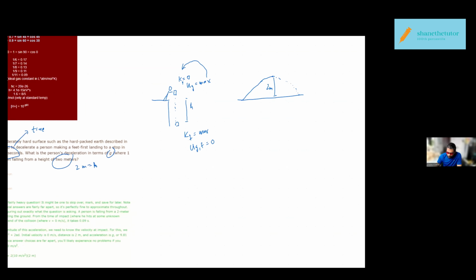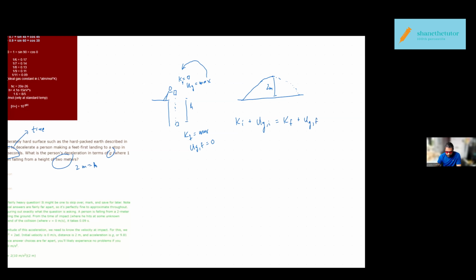We can treat this person who's jumping as a projectile. Now, if we take the conservation of energy stuff that I drew over here on the left, if we equate the initial terms and the final terms, we would get something like this. We would get initial kinetic energy plus initial gravitational potential energy is equal to final kinetic energy plus final potential energy.